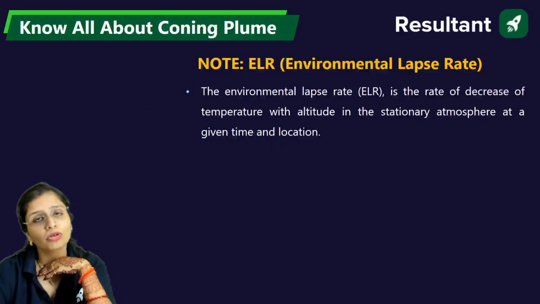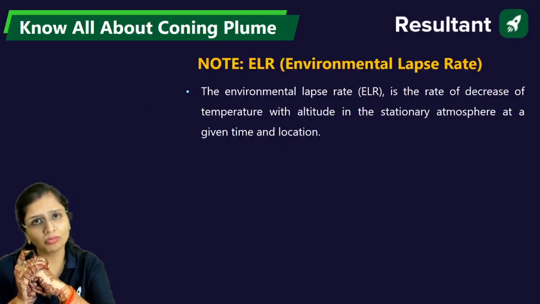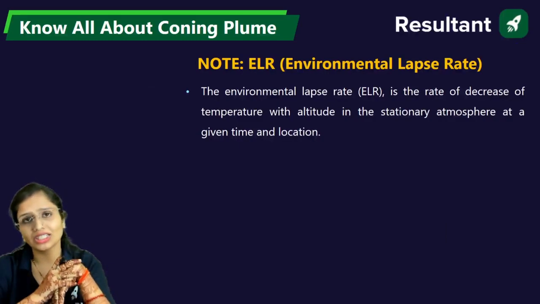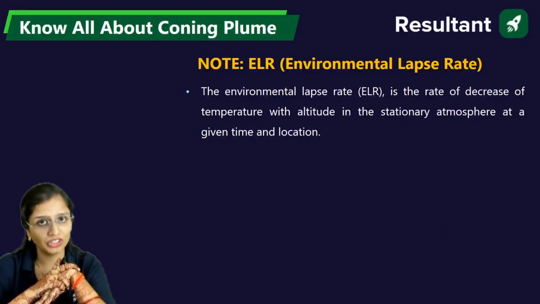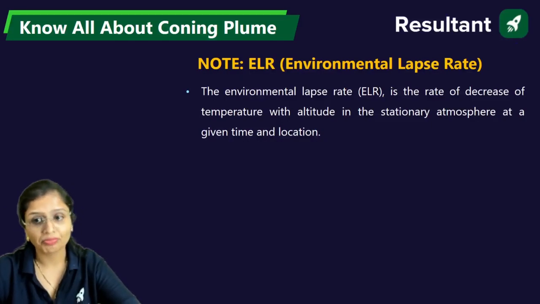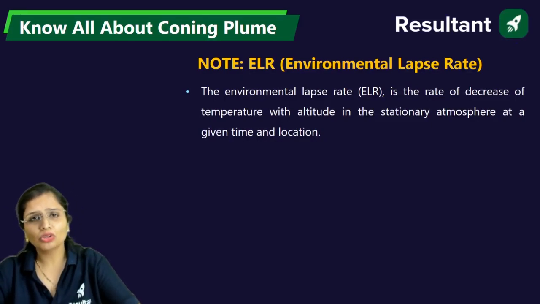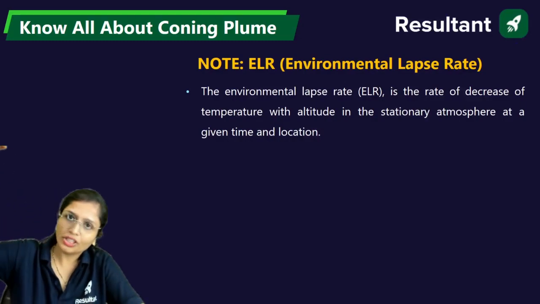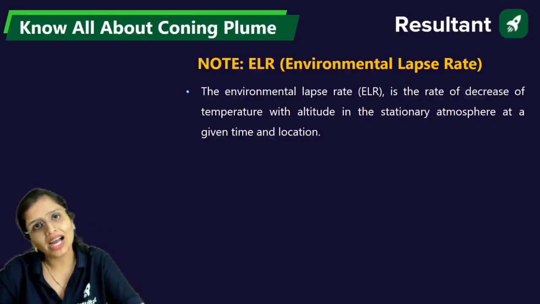Now, as I told you about Coning plume, but before that I have to tell you what is ELR and what is ALR. First of all, these are the official denotations. Next is environmental lapse rate, which you also call ambient lapse rate. Whenever you talk about lapse rate, in the troposphere, as the altitude increases, that means as the height increases, the temperature decreases.